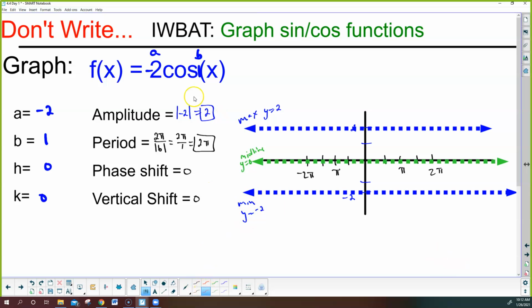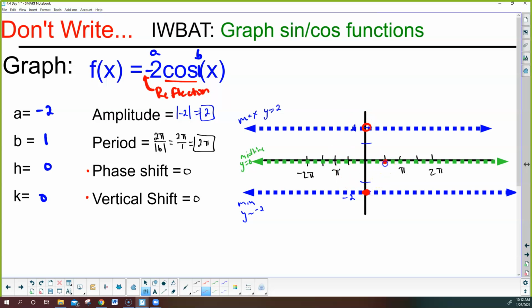Well, now, since I don't have any phase shift at all, I'm going to just say, well, where does cosine start? Well, cosine should start at the maximum, right? Cosine should start here. However, notice that negative? The negative is going to reflect all the points. So instead of starting at the max, cosine has to then reflect down, and it's going to start at the minimum.